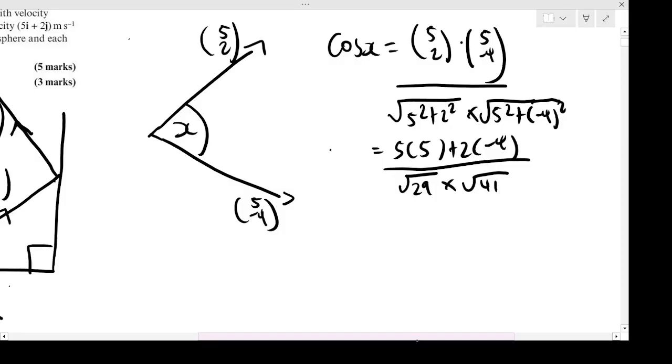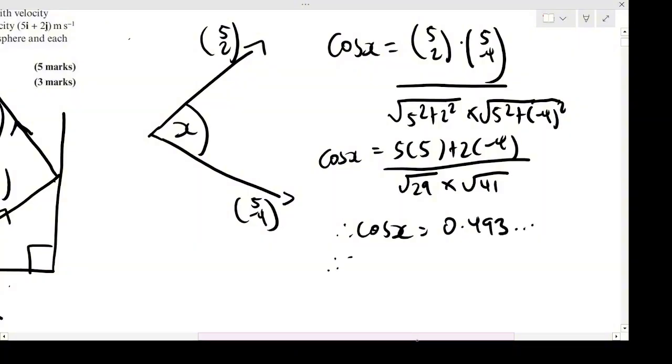At that point I can simplify to get cos x to be, if I work all this out, 0.493 and so on.